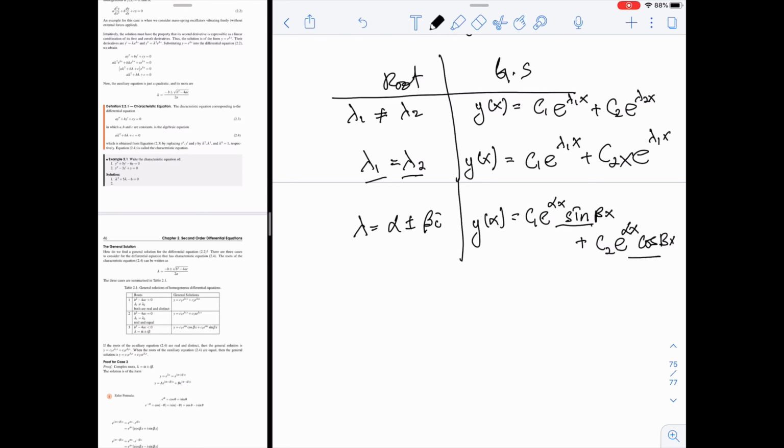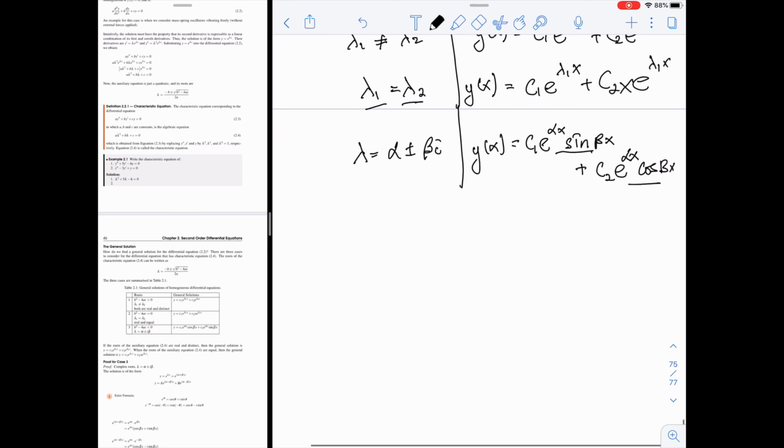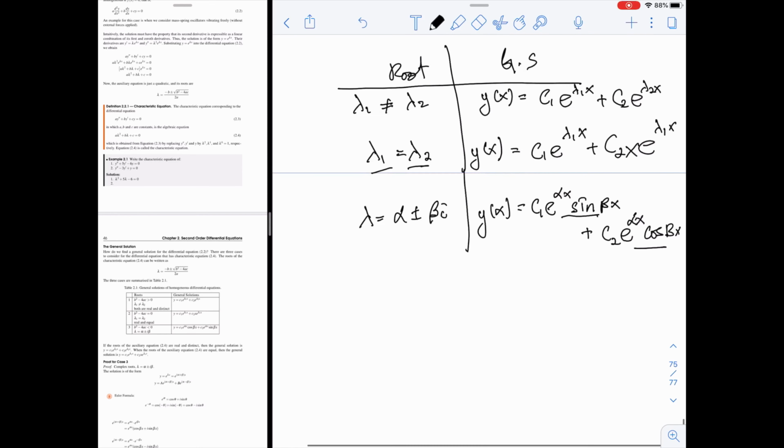Now you need to remember that your general solutions involve the value of lambda that you need to find.